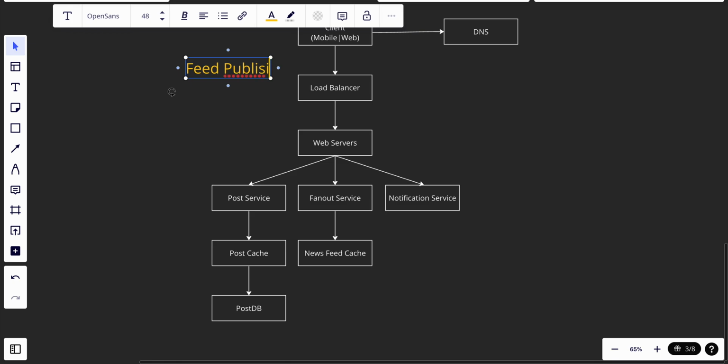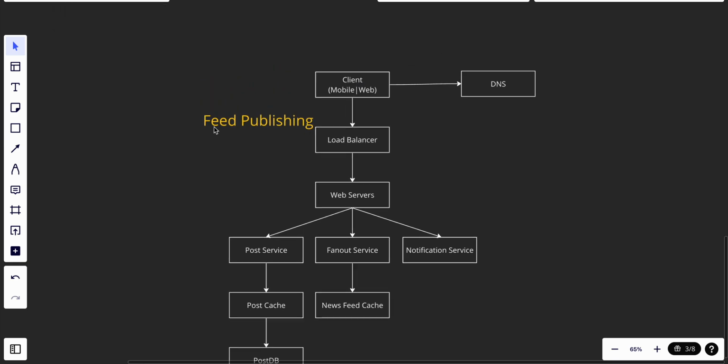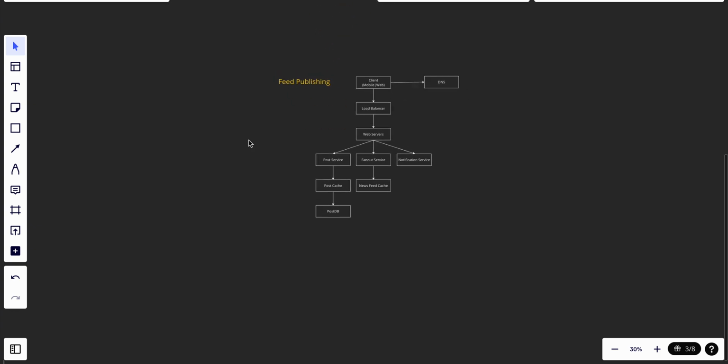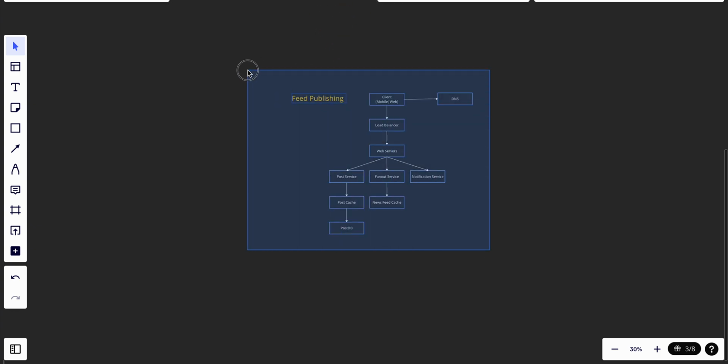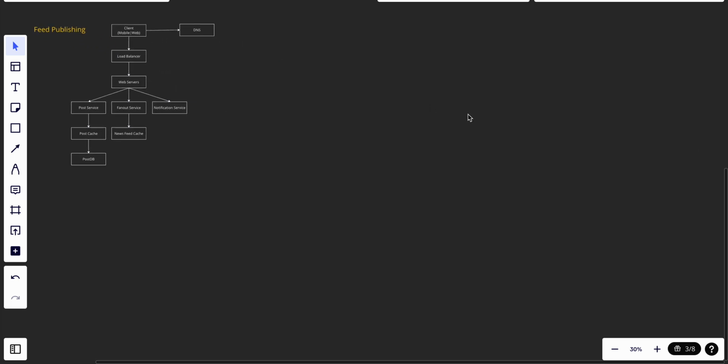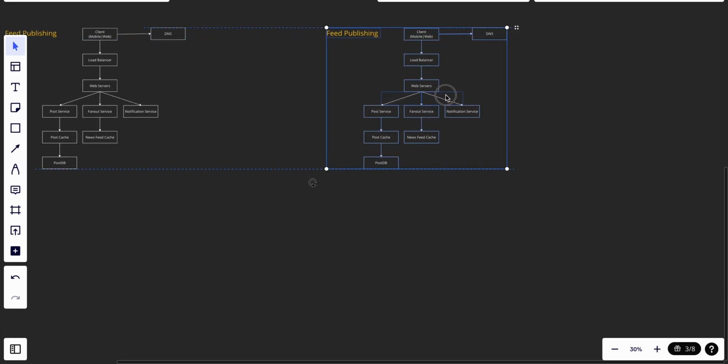And let's just put it like that. And we have this one as the feed publishing, and let's just copy this one, and we will copy one here and just make it like that.